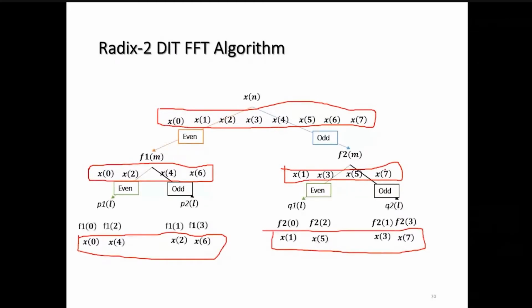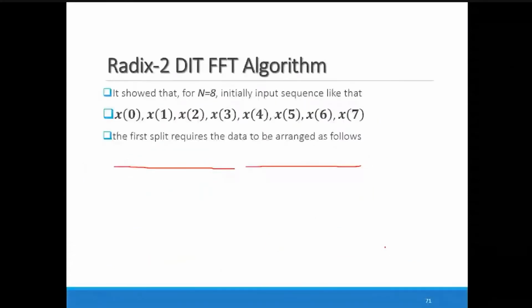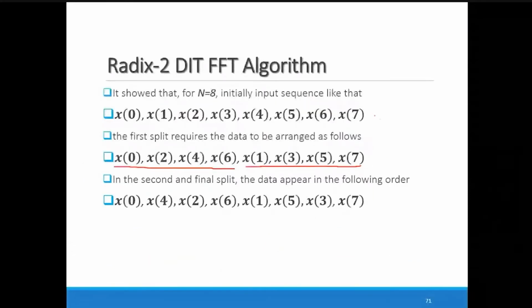Then again we apply the second split and we are getting the final sequence in the order x0, x4, x2, x6, and here we are getting a sequence x1, x5, x3 and x7. So initial sequence is in normal order, second is divided into even and odd terms, but the last sequence appears like this: x0, x4, x2, x6, x1, x5, x3 and x7. So how to get that sequence?